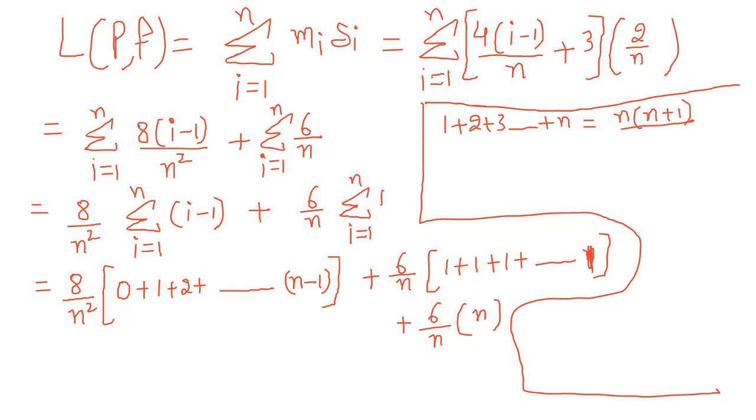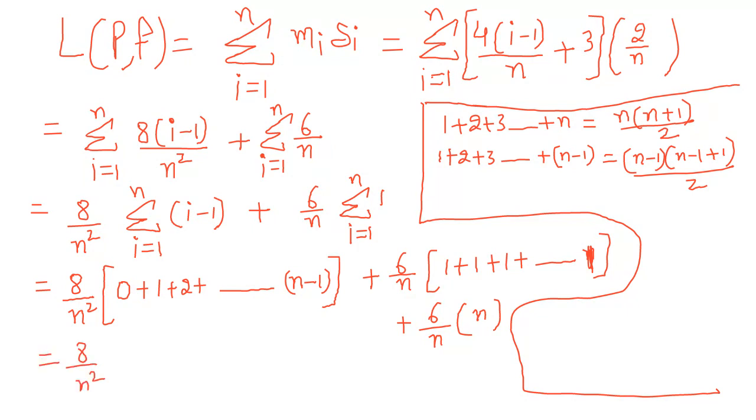We studied this in lower classes, but here we are finding 1 plus 2 plus 3 up to n minus 1. We just put the value of n minus 1 here, so it is (n minus 1) into (n minus 1 plus 1) upon 2. So it means it is 8 upon n square into n into (n minus 1) upon 2.